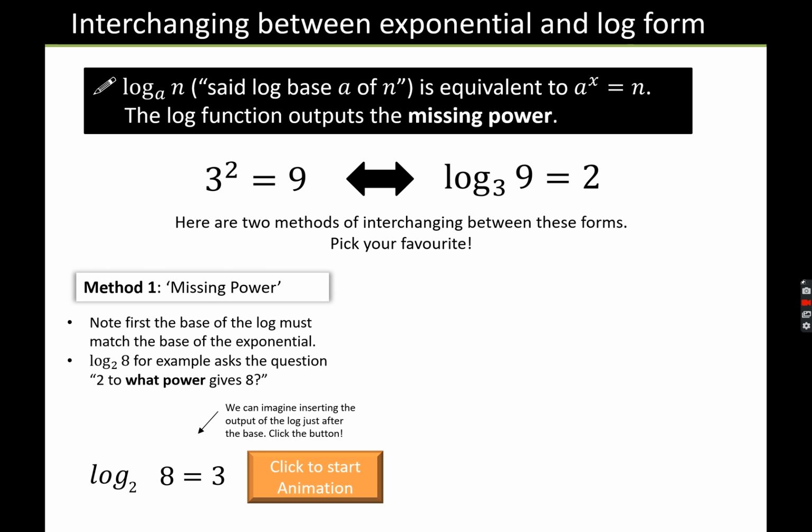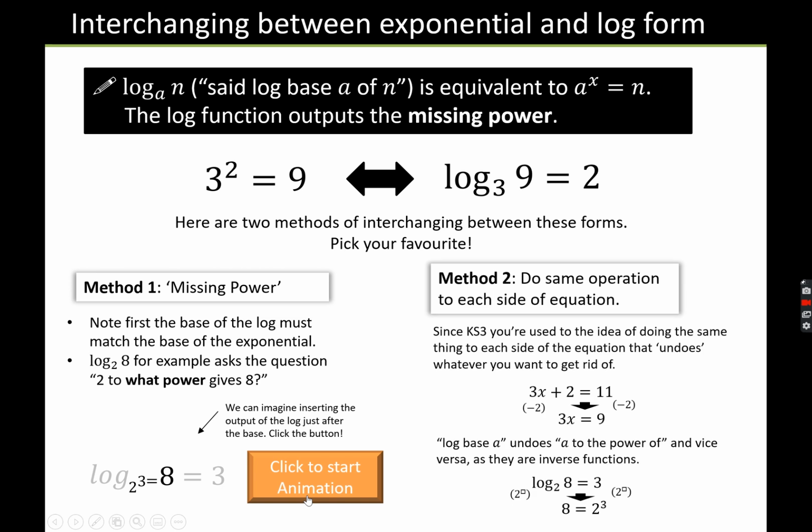So what this is asking is log base 2 of 8 is 3. So this is asking 2 to the power of what gives me 8. Okay, and I know 2 to the power of 3 will give me 8. So to write it into the other form, 2 cubed is 8. Okay, so it's just thinking about what the power is to get the answer I'm looking for.